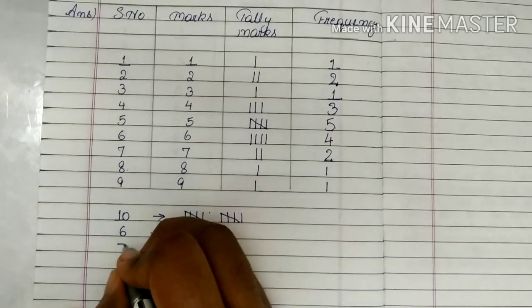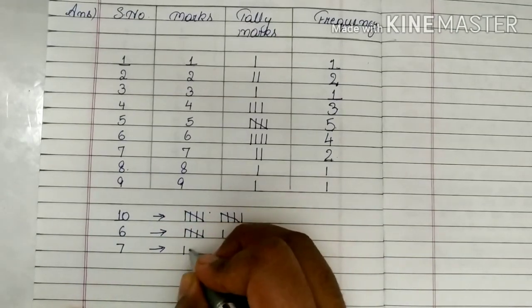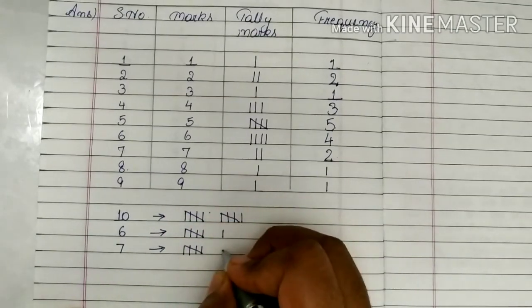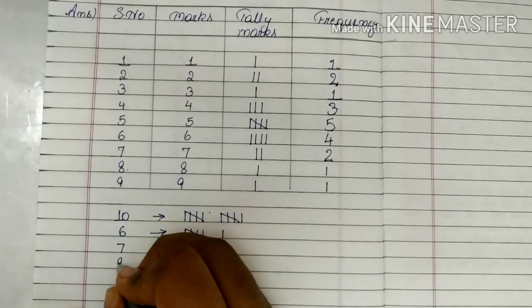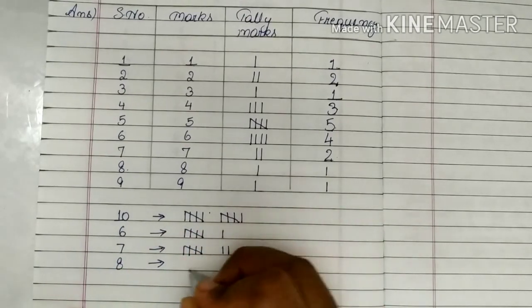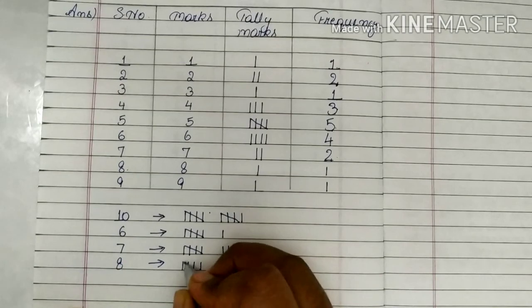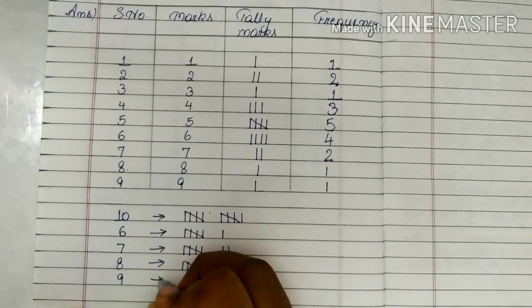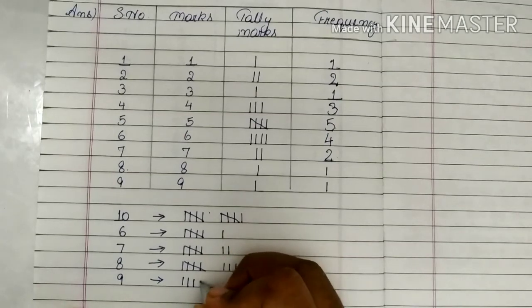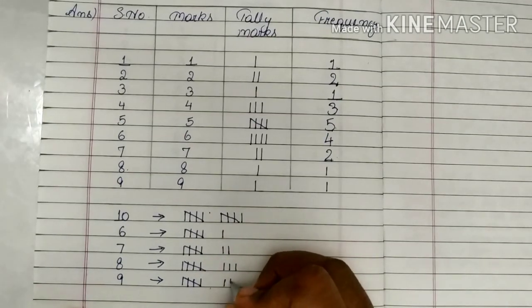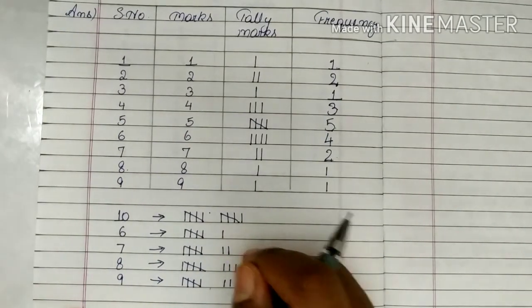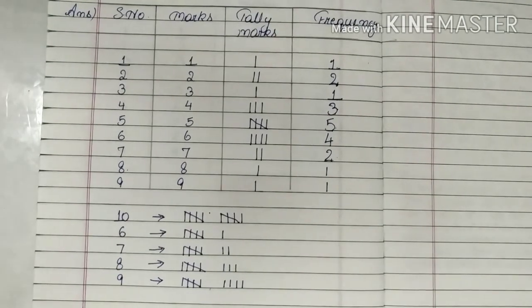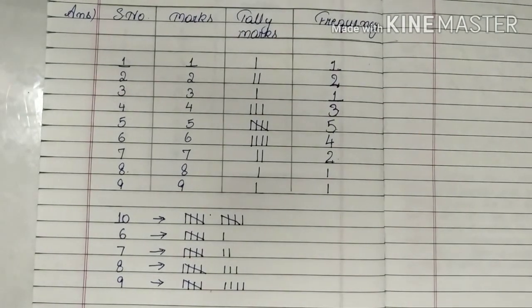Right? 7: 1, 2, 3, 4, 5, 6, 7. 8: 1, 2, 3, 4, 5, 6, 7, 8. 9: 1, 2, 3, 4, 5, 6, 7, 8, 9. Right? So this is the way of representing the tally marks.